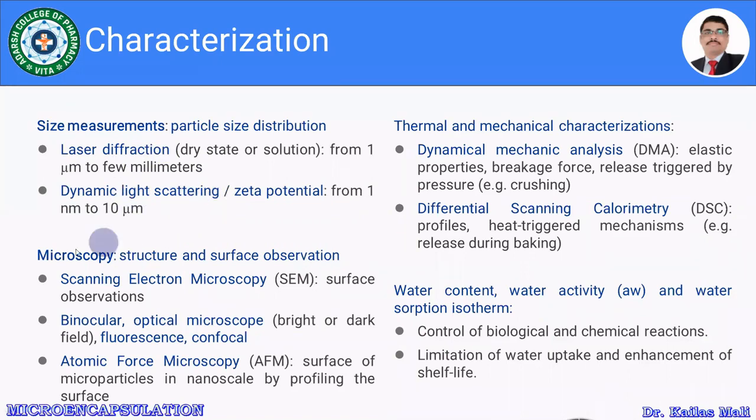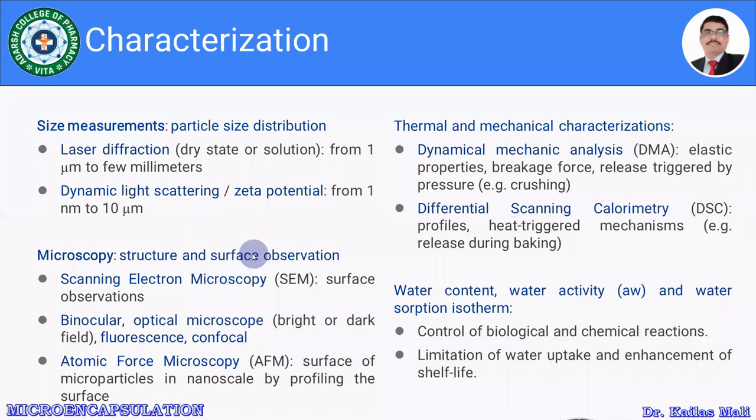Let us move towards the second evaluation parameter, that is the microscopic evaluation of the prepared microencapsulated product. That is, it is possible to get the idea about the shape of the microsphere or microparticle, then the structure, and furthermore we will get some idea about the surface properties of the prepared microparticle or microsphere.